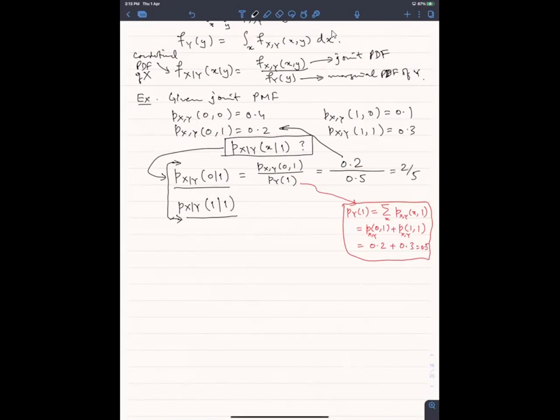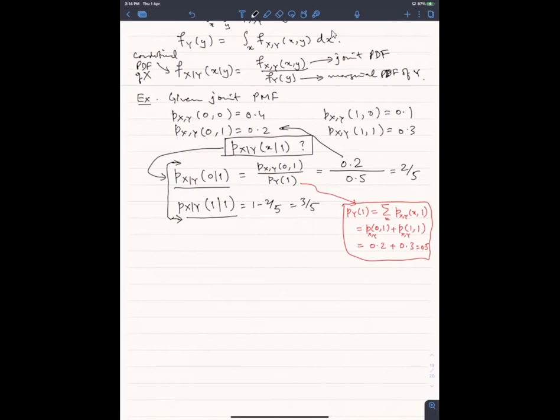The other one I can calculate in a similar way, but I know that there are only two values that x can take. So this would simply be 1 minus 2 by 5, which is equal to 3 by 5. Okay. So a very simple example of how you find the conditional PMF based on the joint PMF.